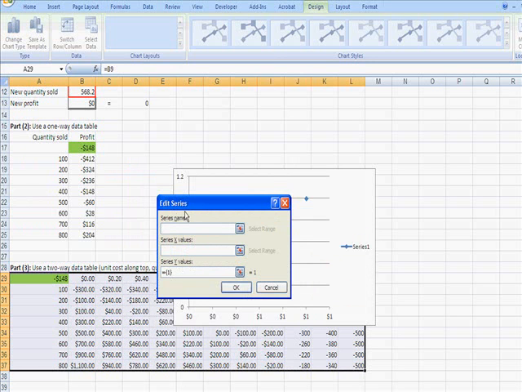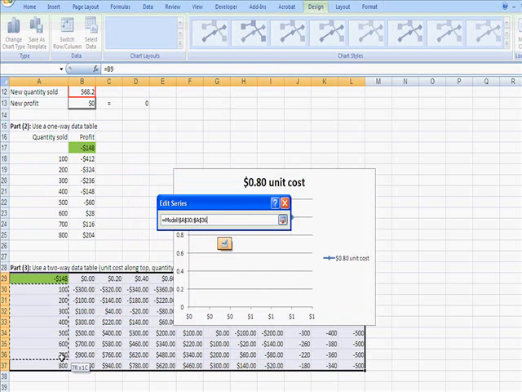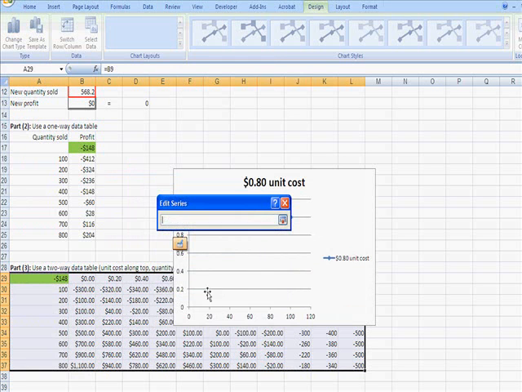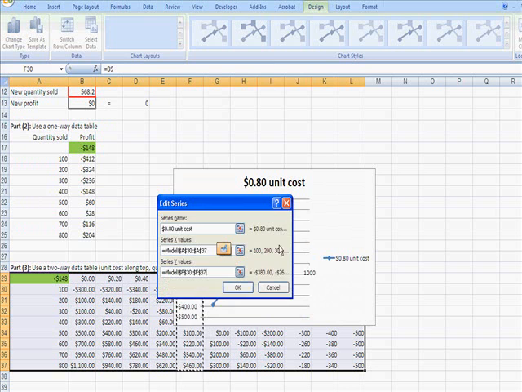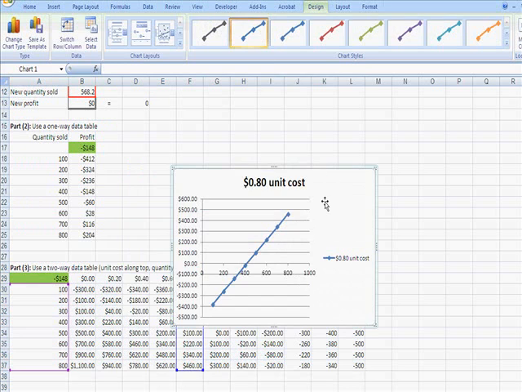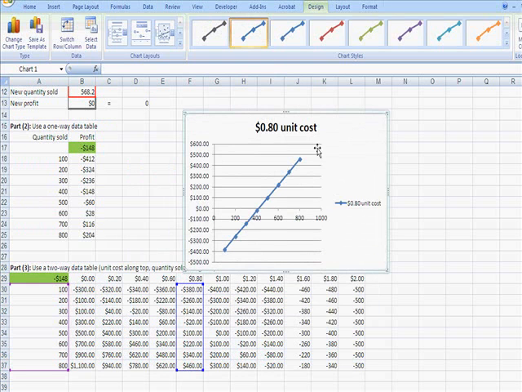And the first thing we're going to add is an 80-cent unit cost. And we select our X values and our Y values, which is going to be under this 80 cents right here. Okay, so we get this figure.